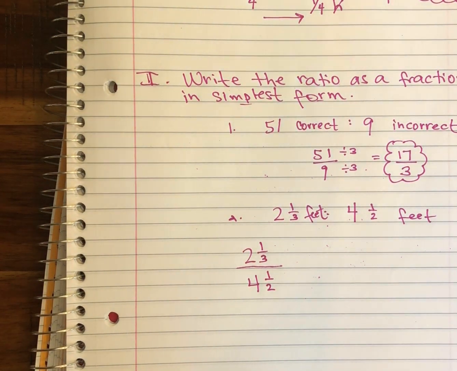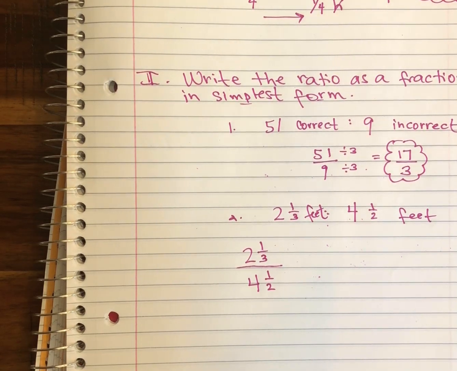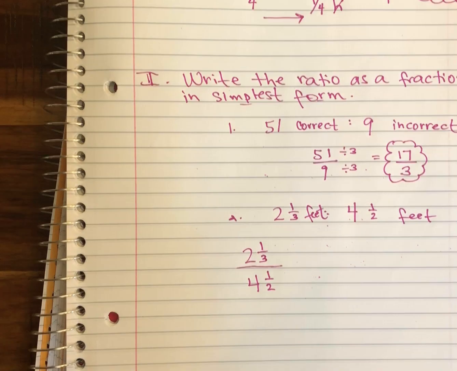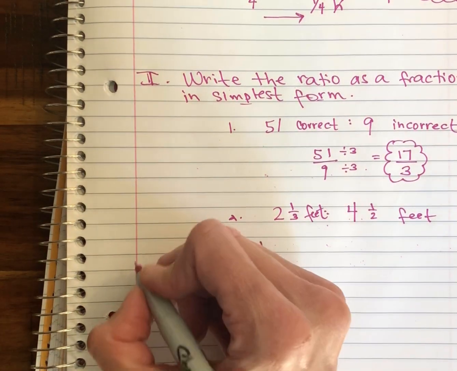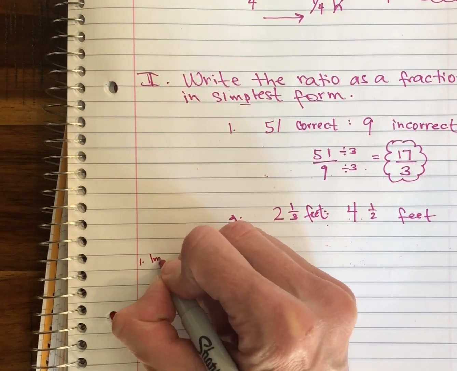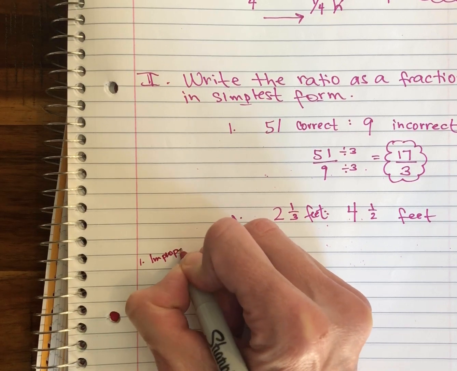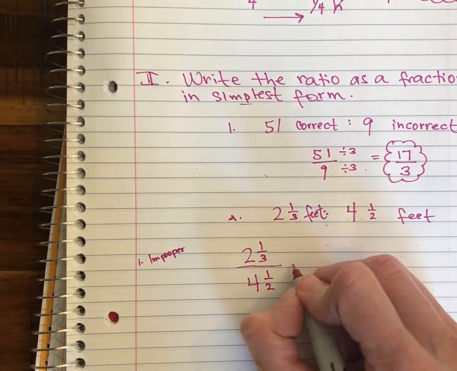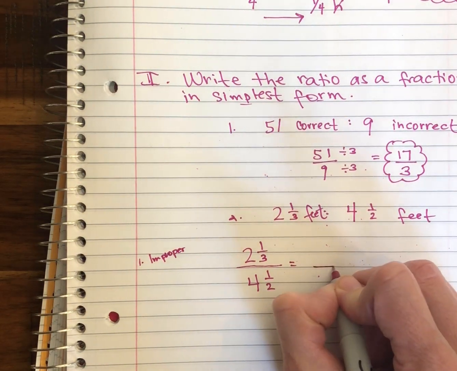Well, when we do this, we can't have fractions within fractions. We can't have a complex fraction. So step one that I would do is make both of your mixed numbers improper fractions. Let's do that together.